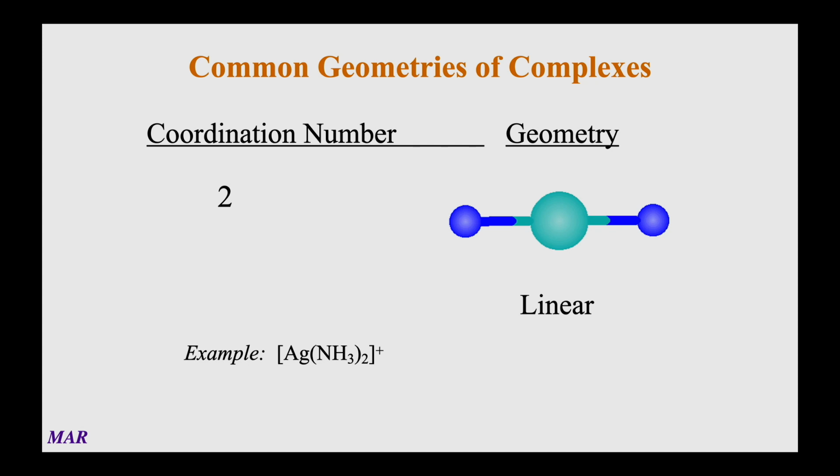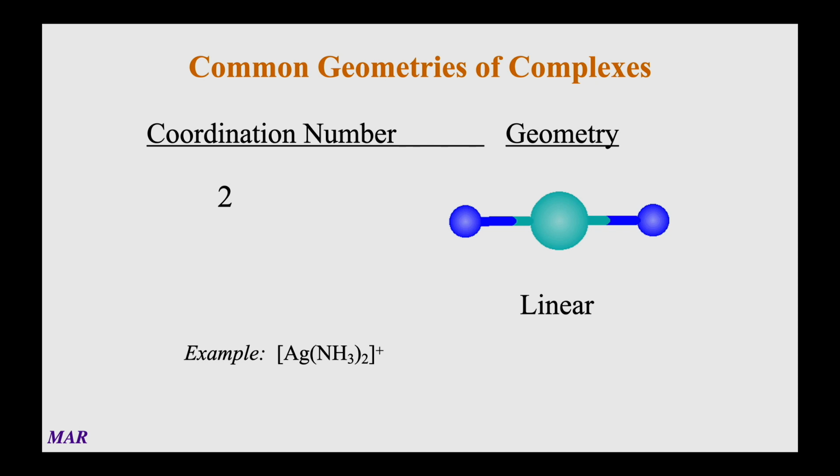So if you have a coordination number of 2, the geometry is almost inevitably linear. And that's a very similar thing to problems like Lewis structures with carbon dioxide. We saw the 2 oxygens wanted to be as far apart from each other as they can. And that's the same way here with these coordination complexes.